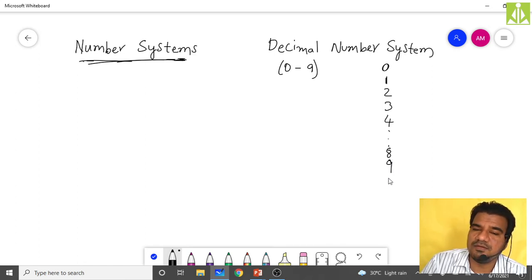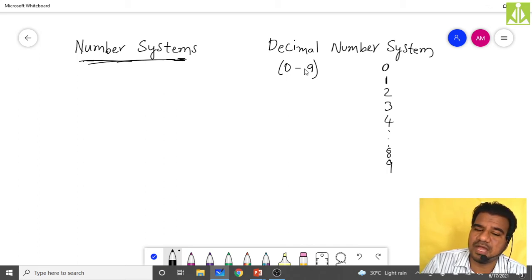Likewise, 9 we have. Then after this 9, to represent 10 as count, do we have any symbol? No, we don't have any single digit or single symbol to represent 10 as count. We have only 0 to 9 in our decimal number system. How many symbols do we have?